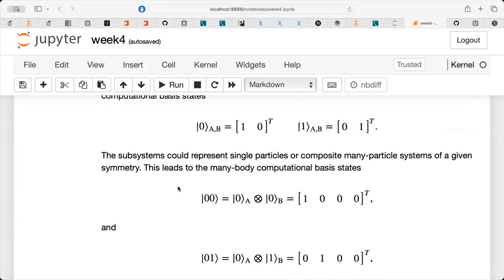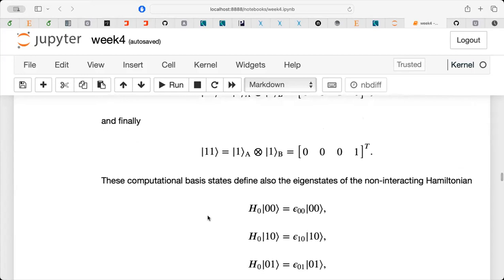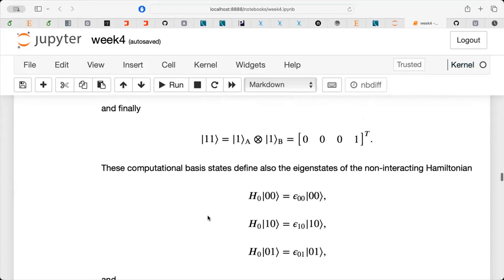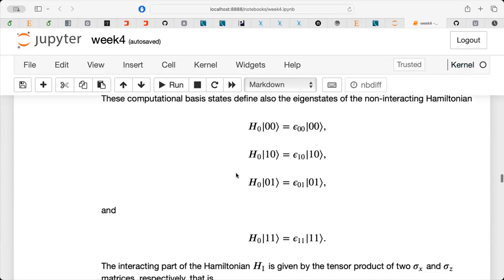So the computational basis states we have are these specific states here, which we discussed last week. And one of the things which we assumed is that these computational basis states are eigenstates of the non-interacting Hamiltonian. That means that we have a set of eigenstates which we can use to expand the interacting wave function in terms of.